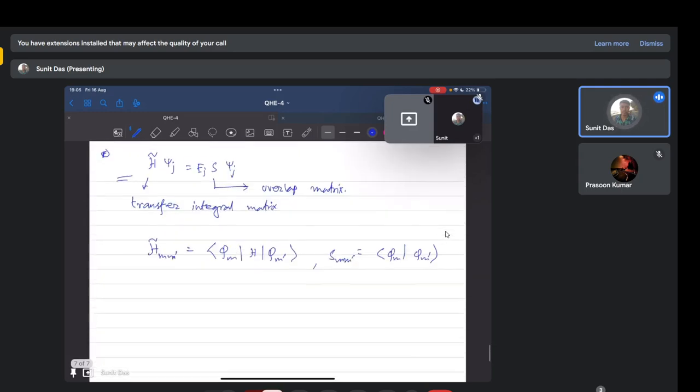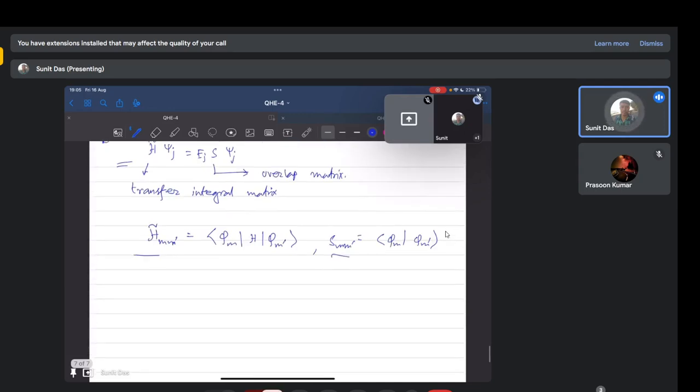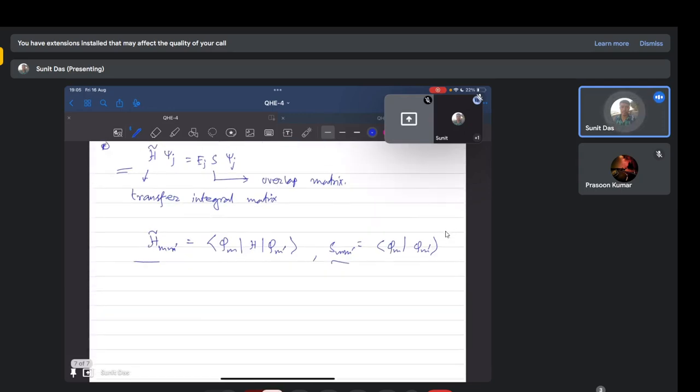So this is the definition of H tilde and S m m prime. These are the elements of H tilde and S. H tilde and S are matrices, and these are the matrix elements m and m prime.